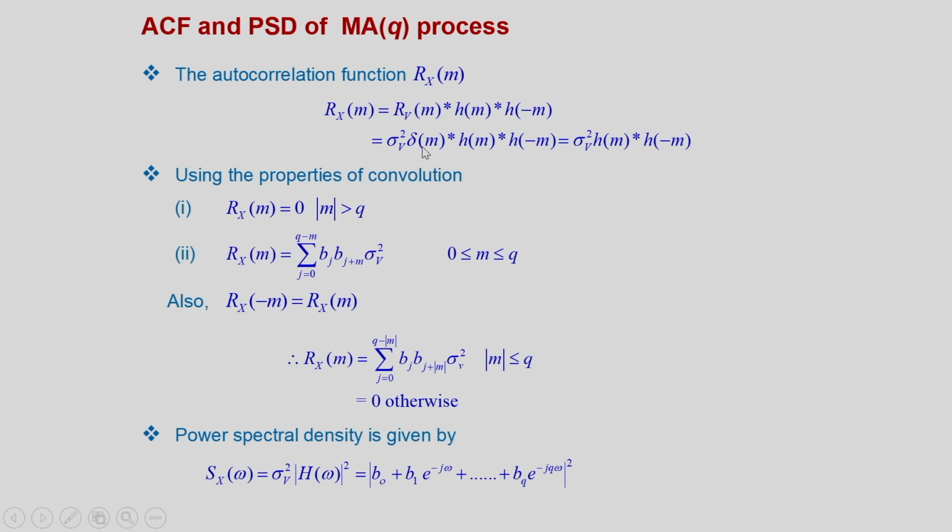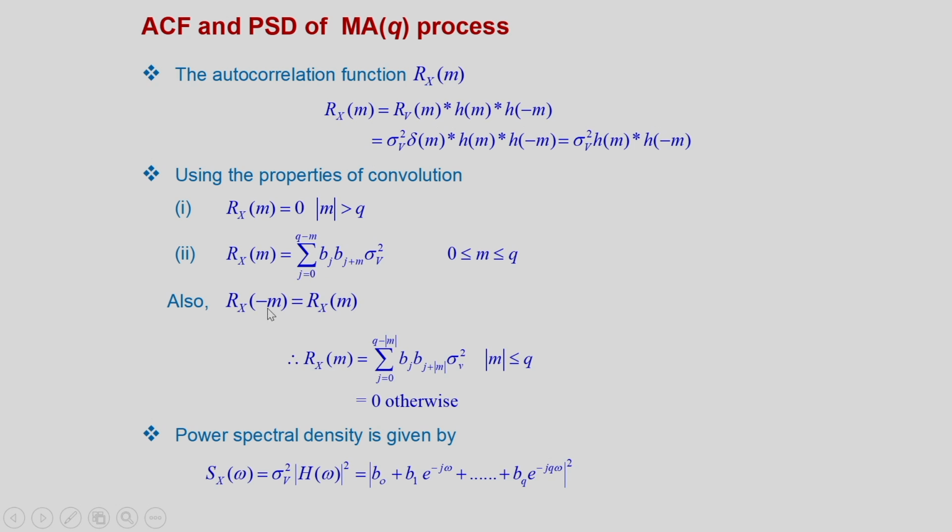Because you are convolving two finite duration sequences, R_x[m] will become 0 for mod m greater than q. If we substitute the impulse responses, which are the b parameters, this expression can be simplified to R_x[m] equal to the summation, j equal to 0 to q minus m, of b_j b_{j+m} sigma_v squared for m lying between 0 and q. So, this is the expression for the autocorrelation function.